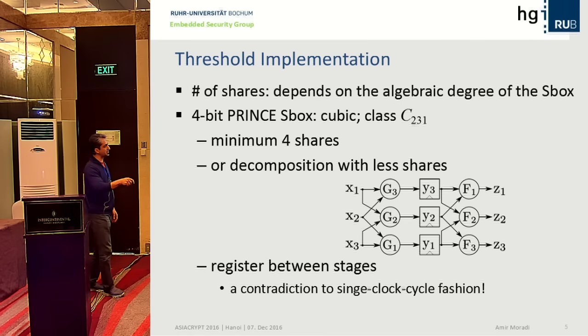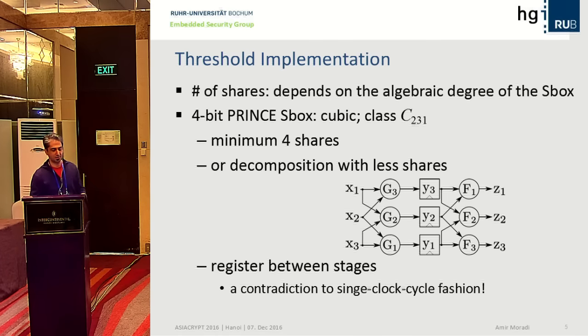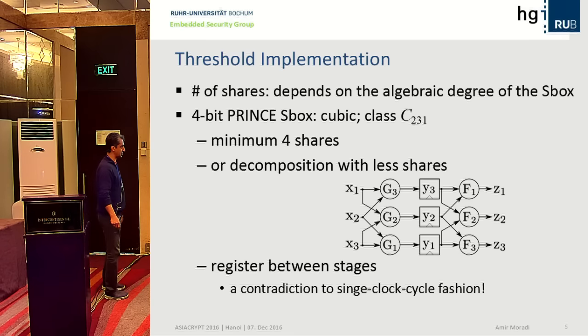But putting the register between these decomposed functions, between the nonlinear functions, already contradicts the single cycle fashion that you require for fully unrolled architectures, that is, low latency implementations.